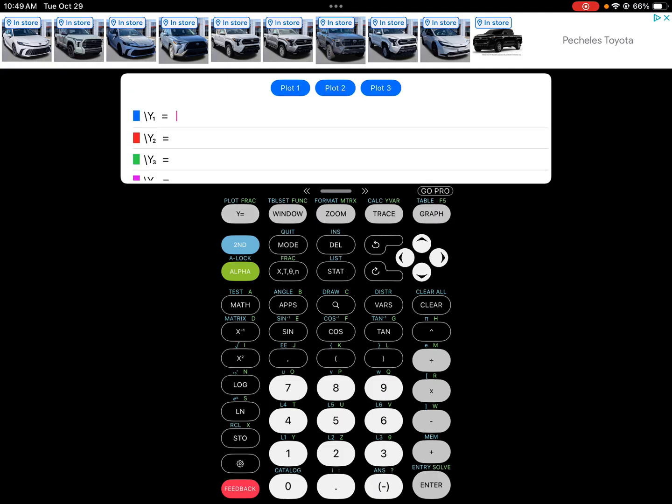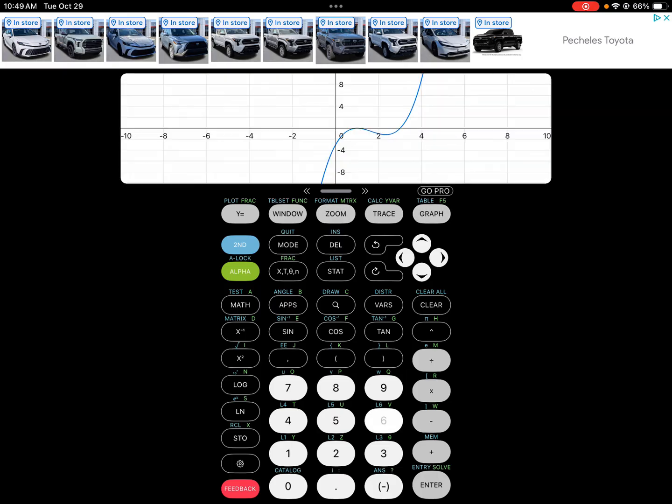So it was x to the third minus 5x squared plus 7x minus 3. Now I could go look at the graph.